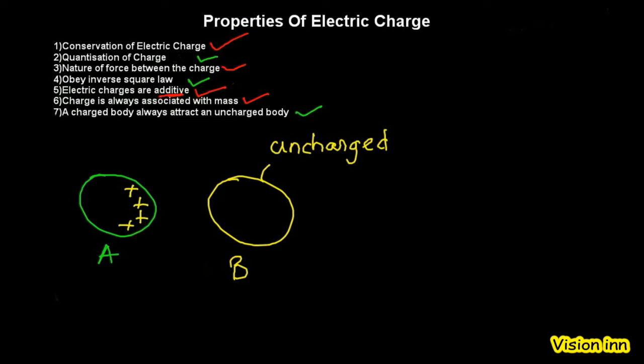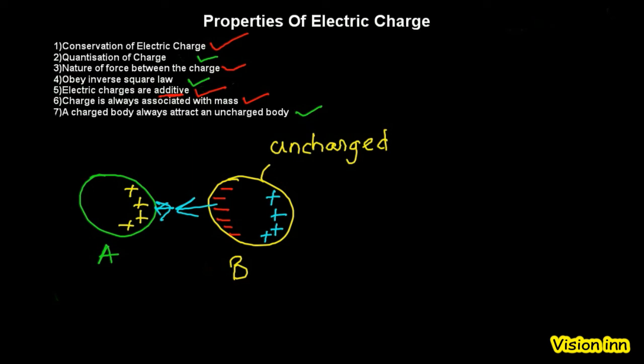Because of induction there will be a negative charge developed on this side of B, and the other side of B will form a positive charge. So whenever an uncharged body is brought near a charged body, as shown, electrostatic induction takes place. As a result, the net force is attractive. Because of this positive and negative, as we know that unlike charges attract each other, these two bodies will attract each other.